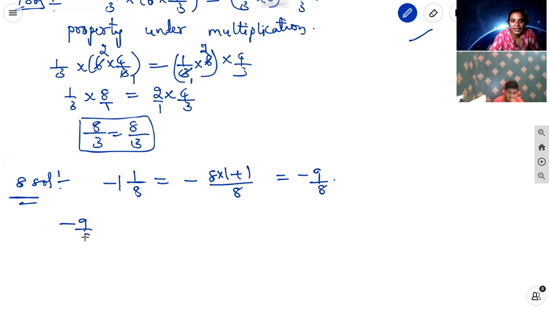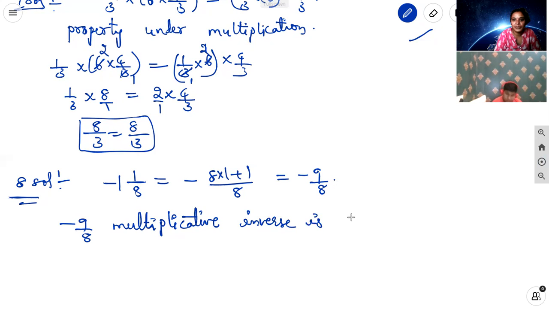Minus 9 by 8, the multiplicative inverse is the reciprocal, that is 1 by minus 9 by 8, which is equal to minus 8 by 9.